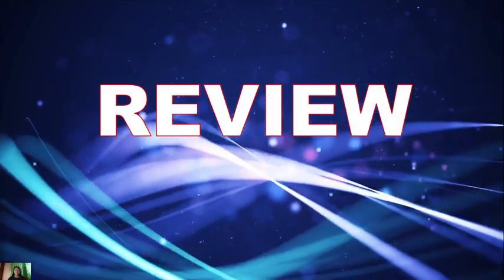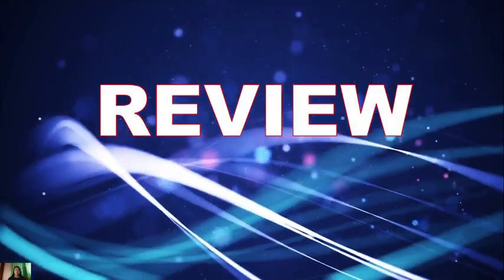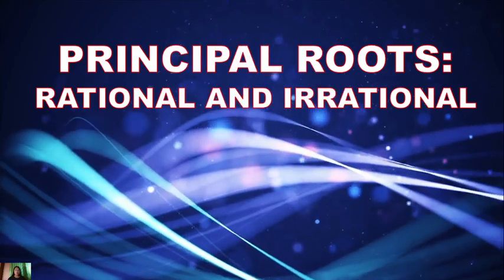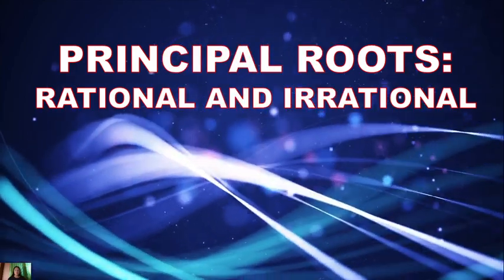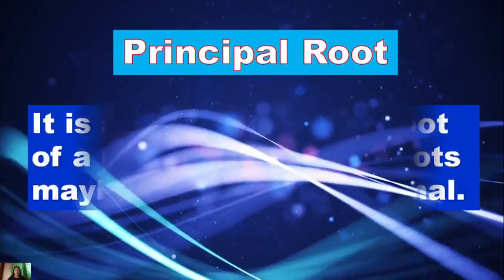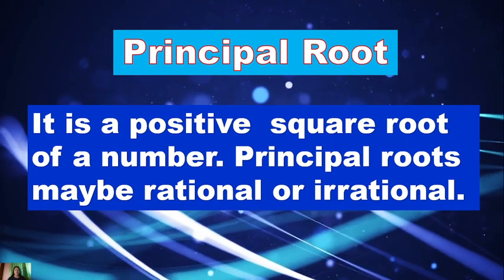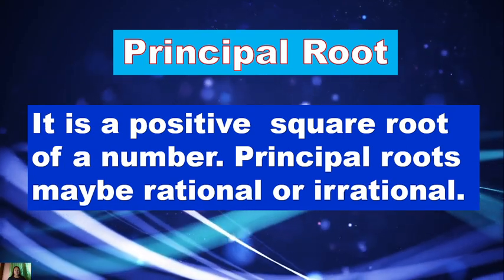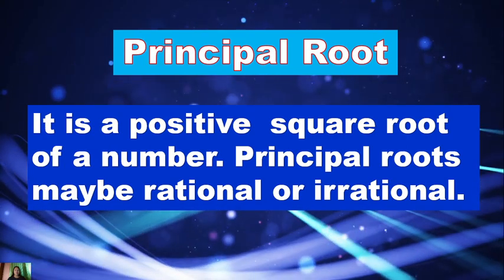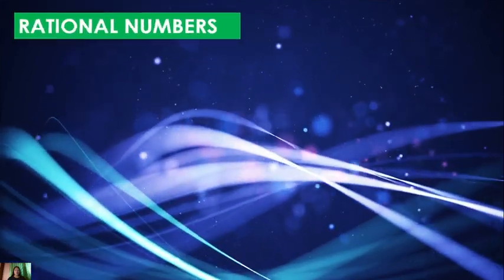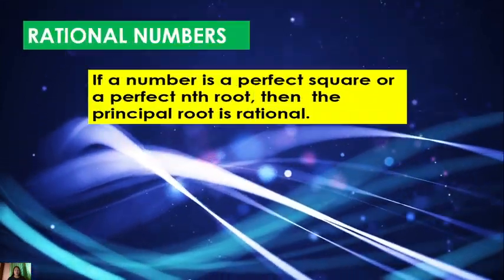So before anything else, let's have a review on the principal roots, rational and irrational. A principal root is the positive square root of a number, and principal roots may be rational or irrational. So what is a rational number?